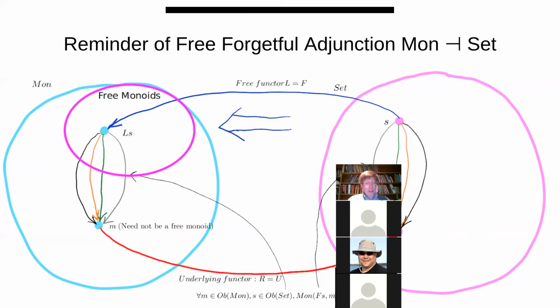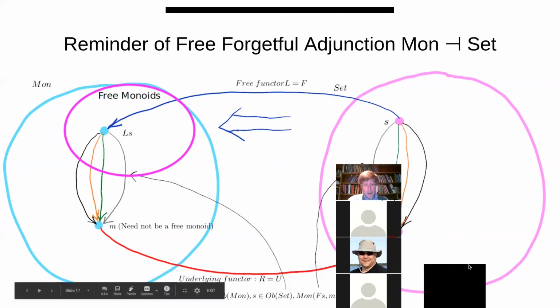Each set is mapped to not just any old monoid, but a free monoid. And in the adjunction, we're reasoning about the hom sets. We're reasoning about these morphisms in each of these categories. So the rules for adjunctions guarantee this isomorphism.